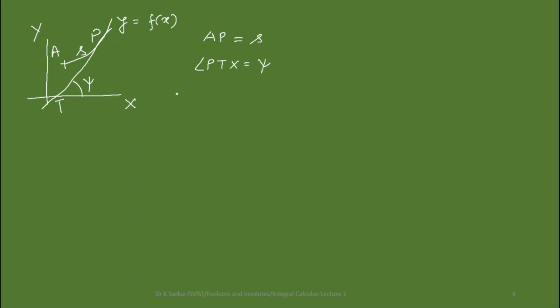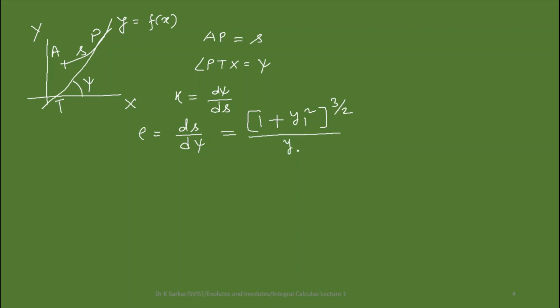Now, curvature kappa is d psi by ds. Rho is ds by d psi, and we can derive it as (1 plus y1 square) power 3 by 2 divided by y2, where y1 is dy/dx and y2 is d2y/dx2.